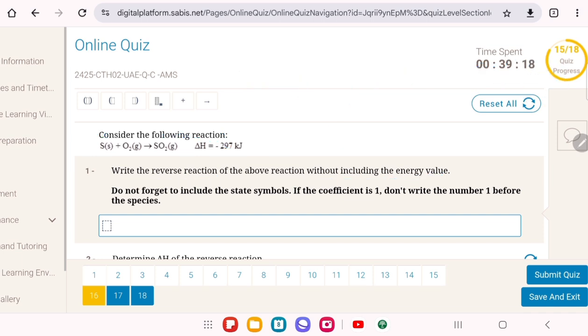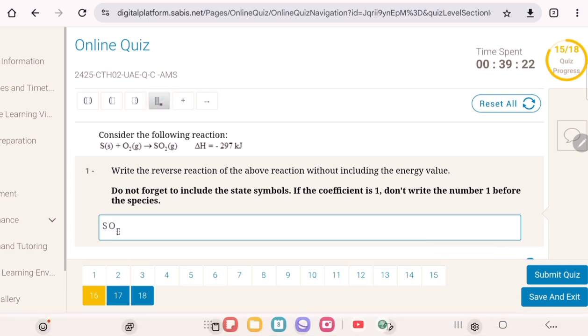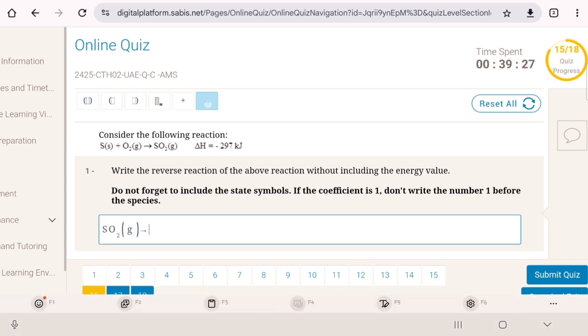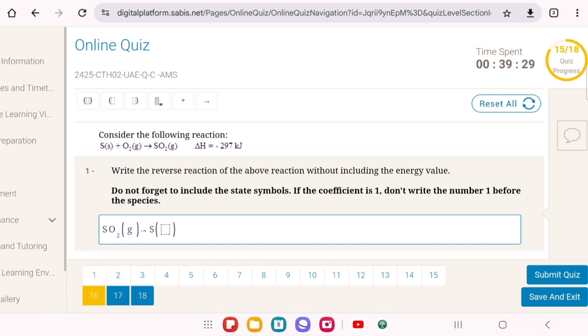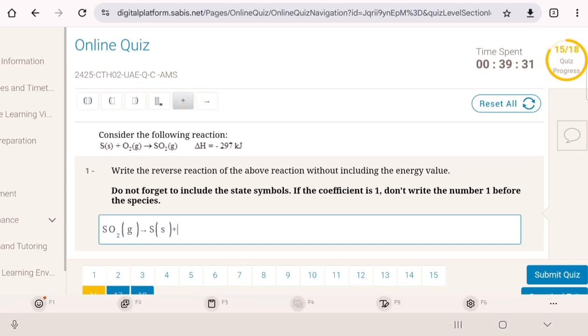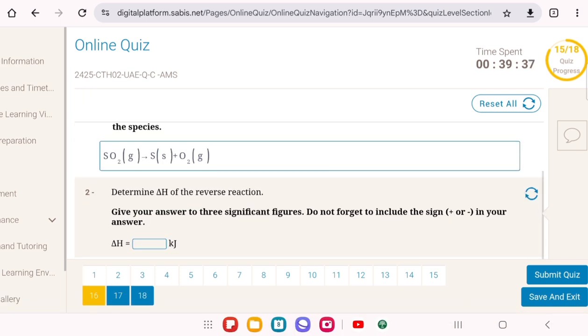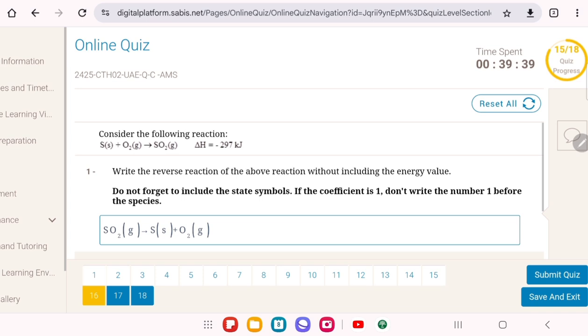They said don't forget to include the state symbols. So SO2 gas gives us S solid plus O2 gas.